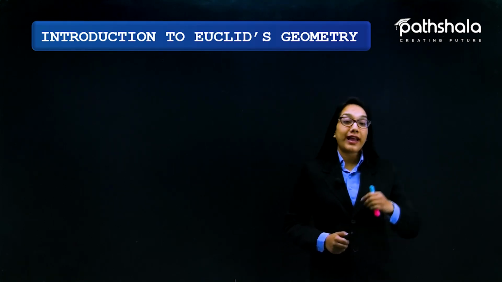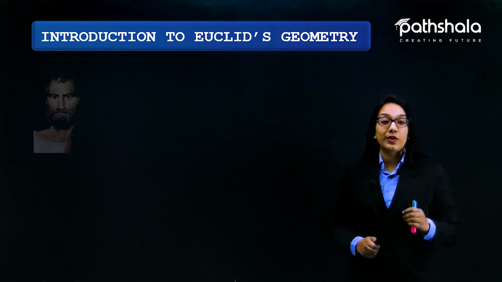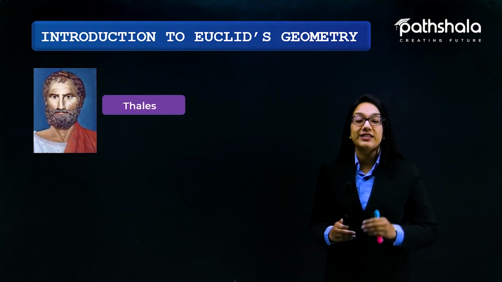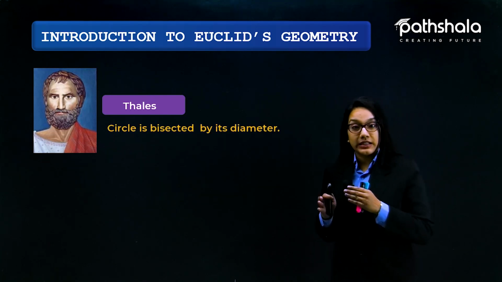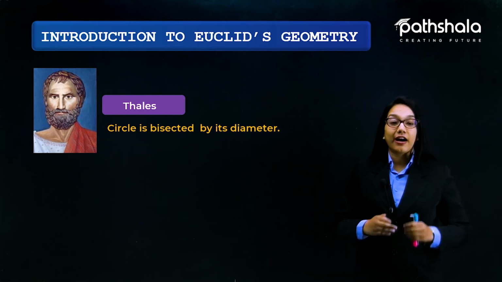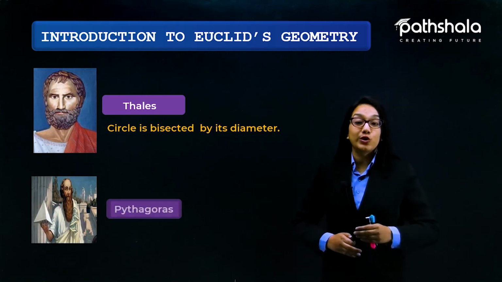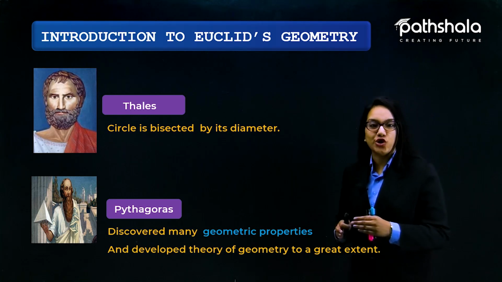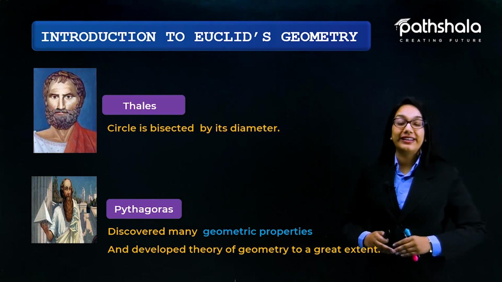At that time, a Greek mathematician called Thales was credited with the first proof: a circle is bisected by its diameter. After that, one of the most famous pupils of Thales, Pythagoras, with his group discovered many geometric properties and developed the theory of geometry to a great extent.